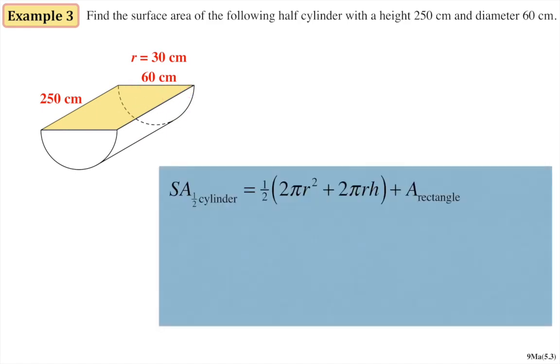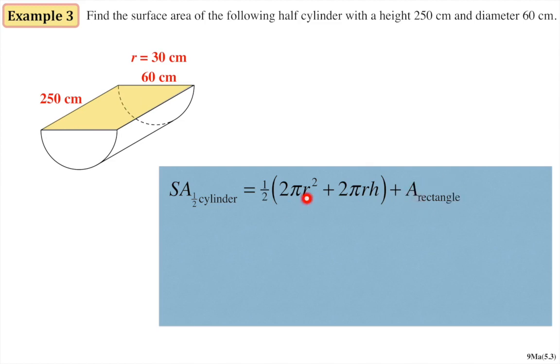So, to find the surface area of a half cylinder, there's the formula for the surface area of a cylinder. I put a half in front because I only want half of a cylinder, plus the area of the yellow shaded rectangle that I've introduced because I cut the full cylinder in half.